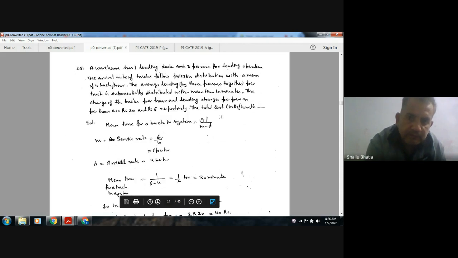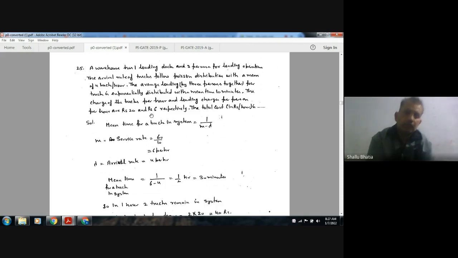And there are 3 persons required for 30 minutes per truck, and the charge of the person is just 6 per hour. So there are 3 persons required for 1 hour.